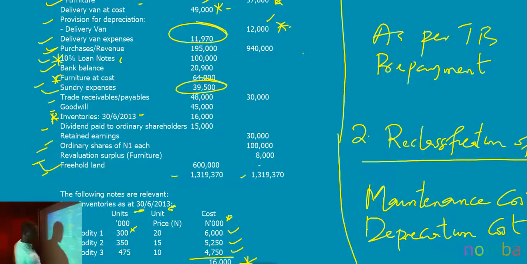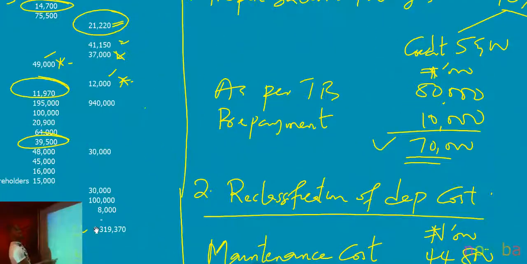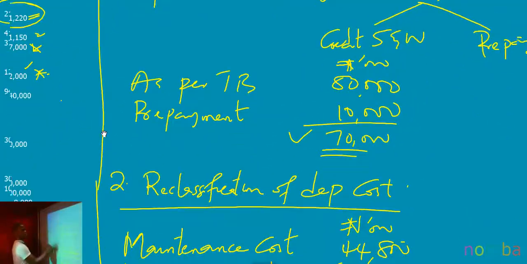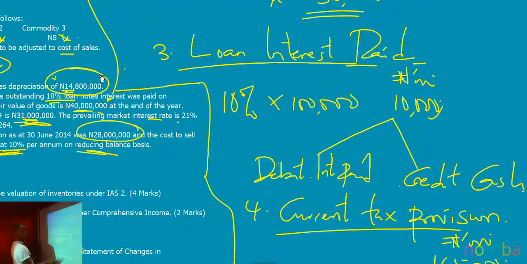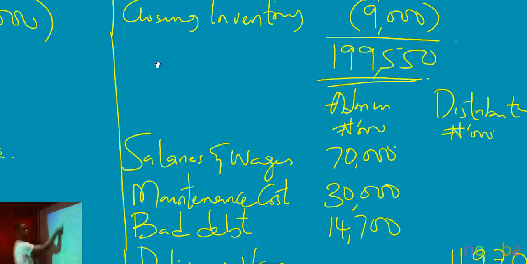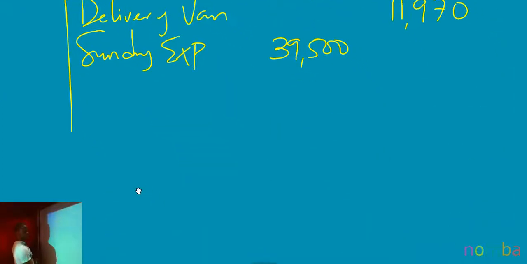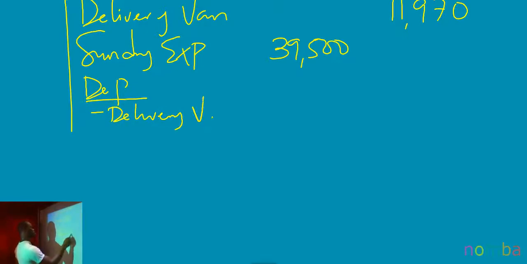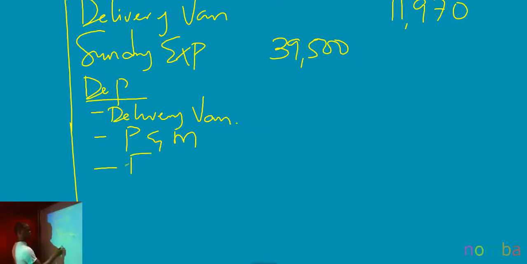Okay, so the only item we'll have left would be the depreciation. So we need to determine the depreciation on each of these assets. And the assets we had were delivery van, plant and machinery, furniture.